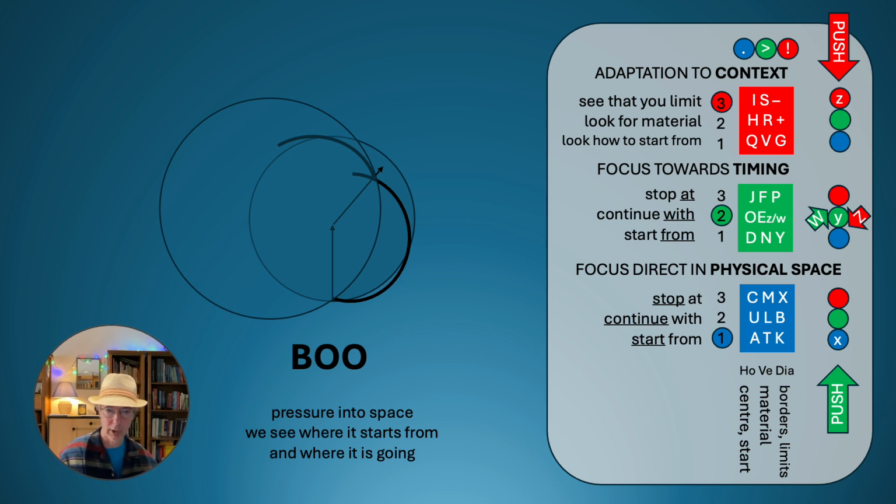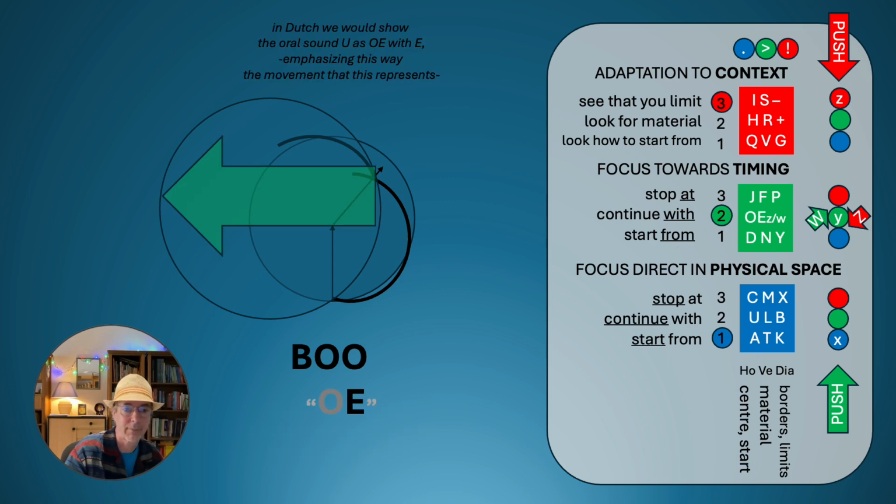Combined with oo, you have this doubling of space, which also starts from where this doubling of pressure starts. So we have a double space as well with the two kinds of pressures, and we then see where it starts from and where it is going. So from one pressure condition to the next out-pressed condition.